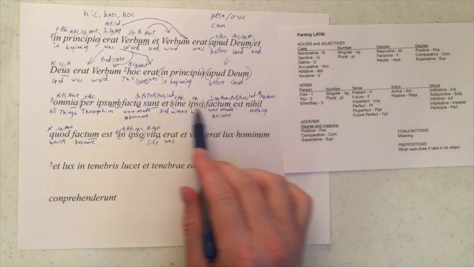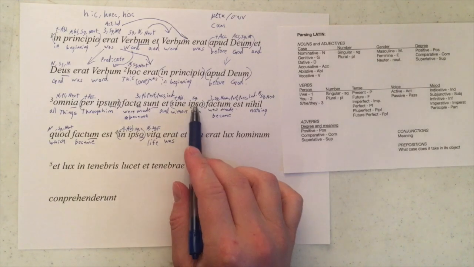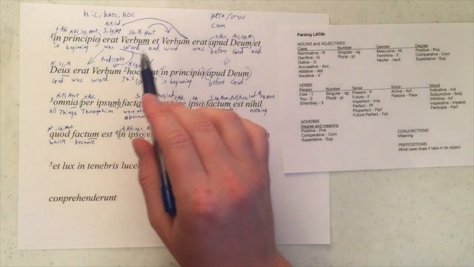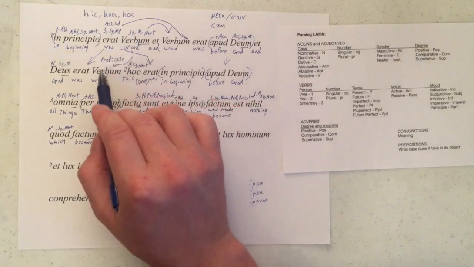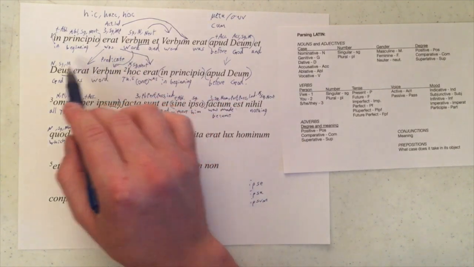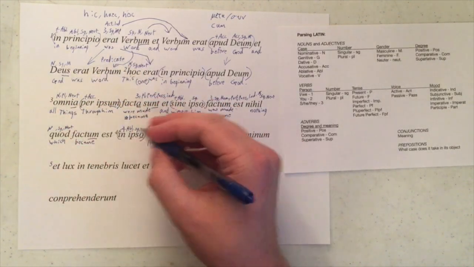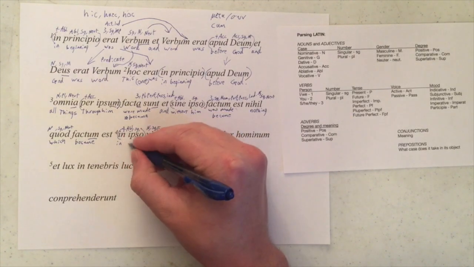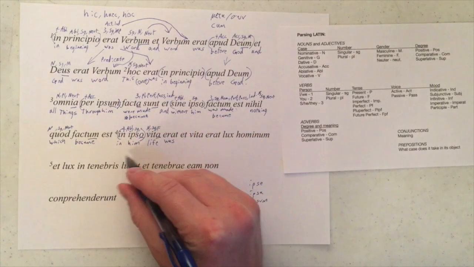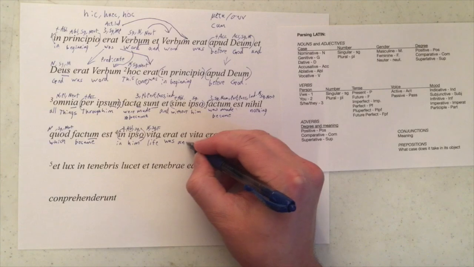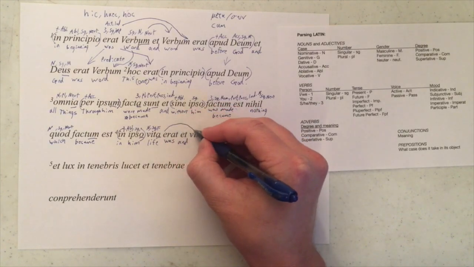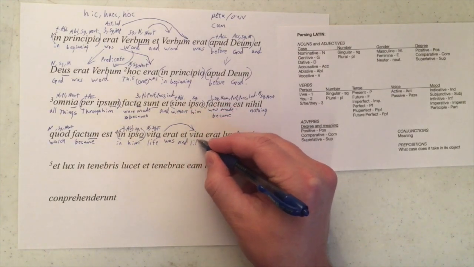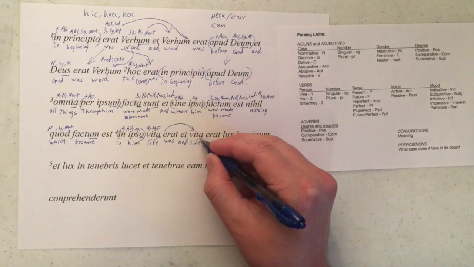Instead, it's going to go back to this ipso, which then goes back to this one, which then goes back to hoc, and ultimately refers back to the Word. And who is the Word? The Word was God. So we're going to say in him. In him life was. And life again, as a subject still, same case ending.